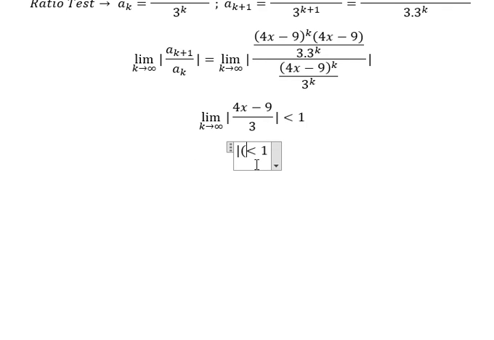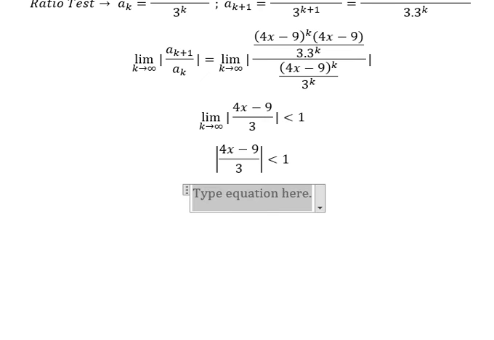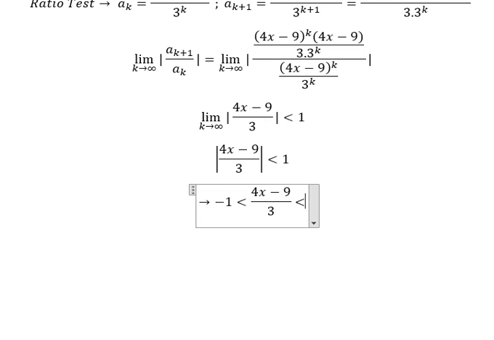So that should be the absolute value of (4x minus 9) over 3. Because this is the absolute value, you will get negative number 1 is smaller than (4x minus 9) over 3 and smaller than number 1.